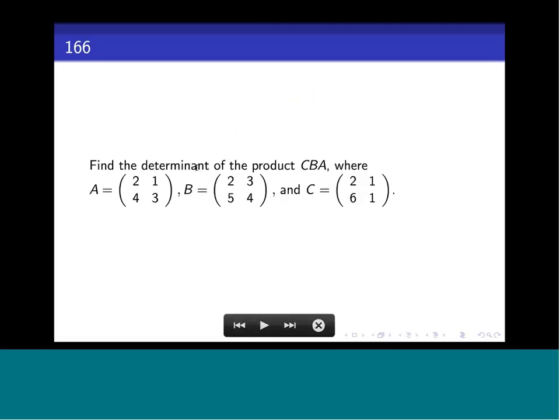I need to do the, don't need to do anything actually. 2 minus 6? So -4 times 28 times 5. 140.